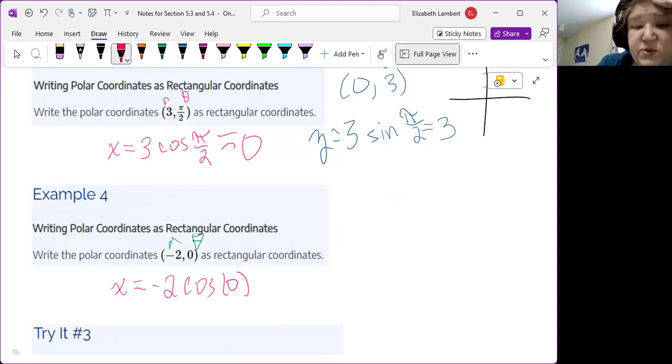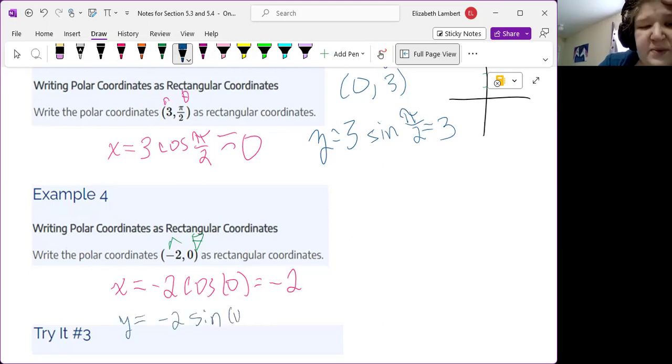The cosine of 0 is 1. -2 times 1 is -2. Then we get y equals -2 sine 0. Sine of 0 is 0, so this is just 0. So we get the point -2, 0.